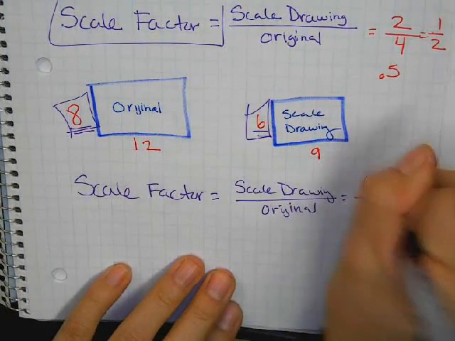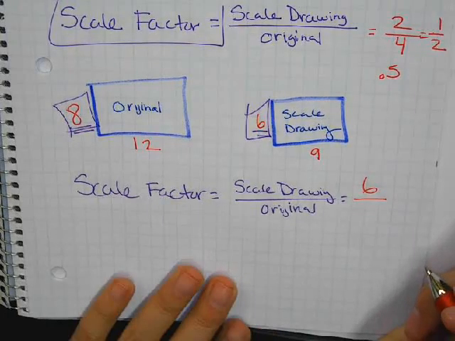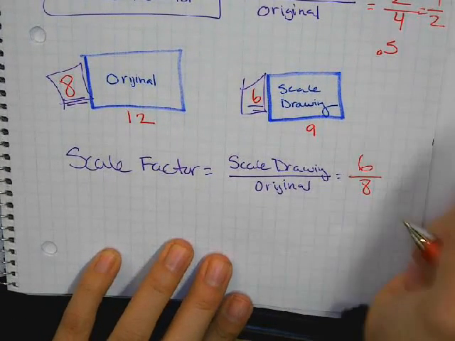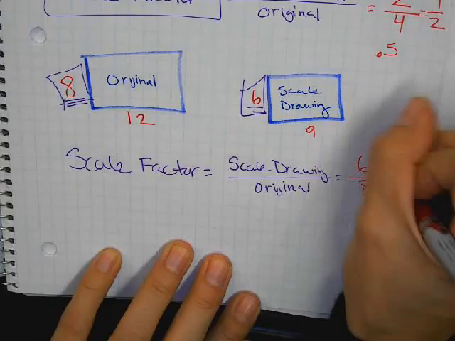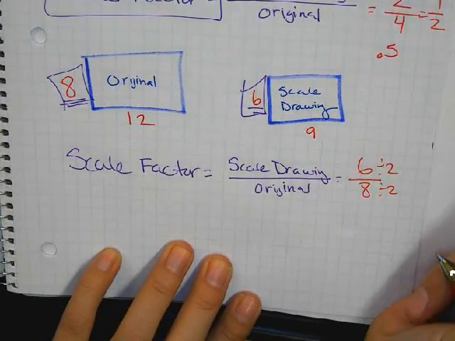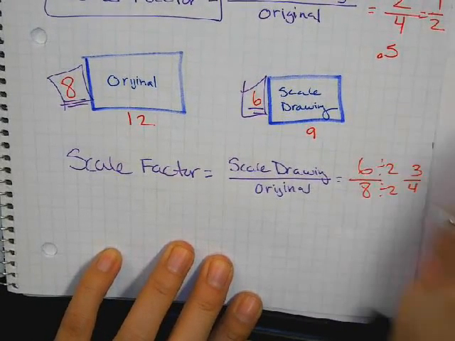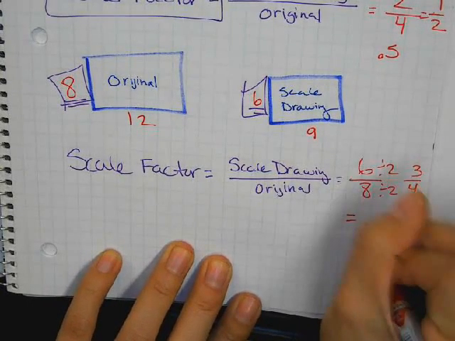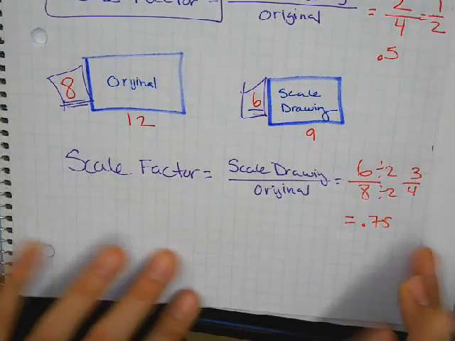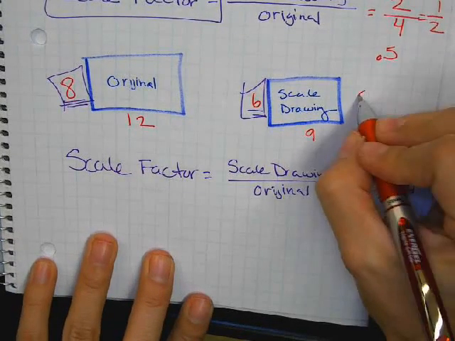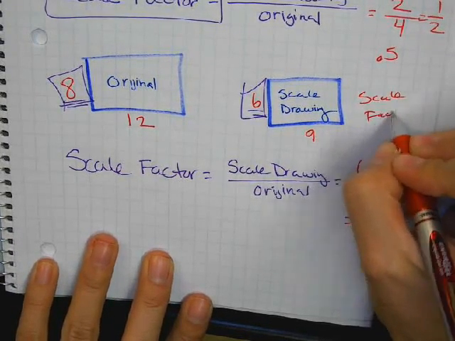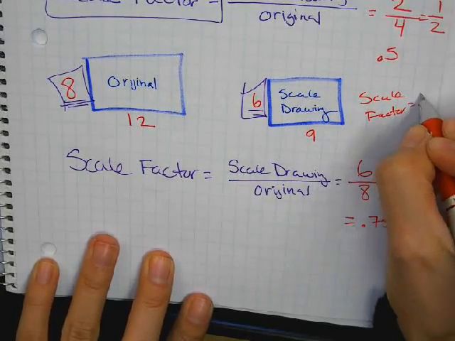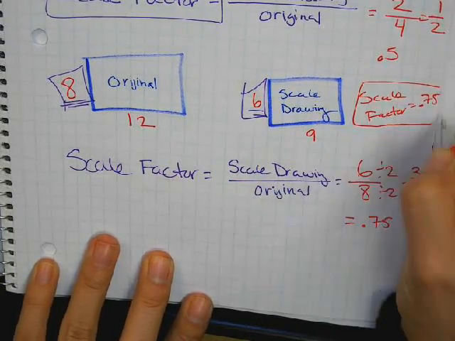What does the 6 correspond to in the original? 8. What am I going to divide 6 and 8 by? 2. What do we get? 3 over 4. What is the decimal of 3 over 4? So, therefore, the scale factor is equal to 0.75.